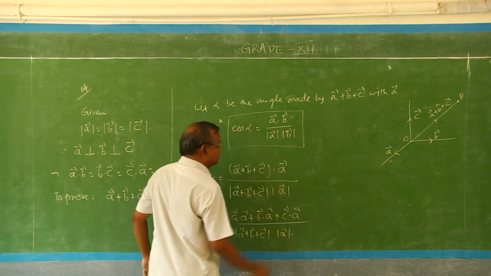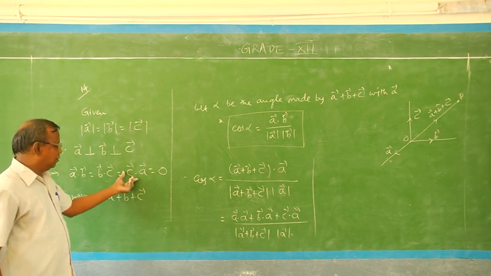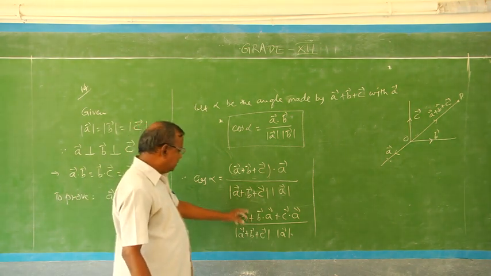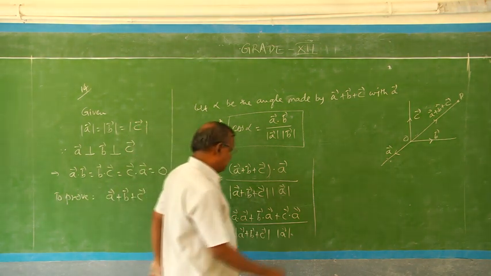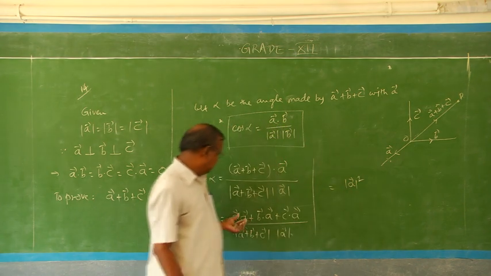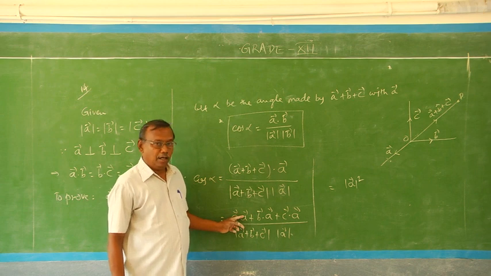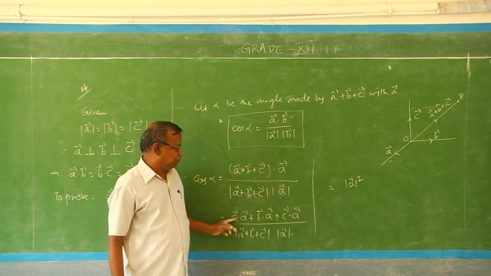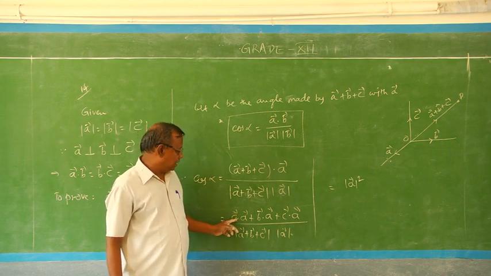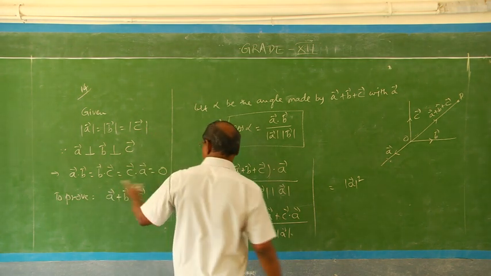Now we know that b dot a equals c dot a equals 0, and a dot a equals modulus of a squared. Already I have explained in one video that a dot a can be expressed as modulus of a squared, or simply a squared. Accordingly, the numerator is modulus of a squared. The other two parts are 0 because they are mutually perpendicular.